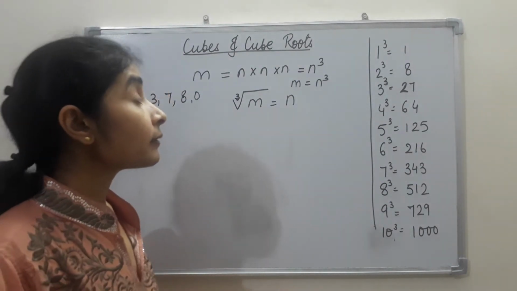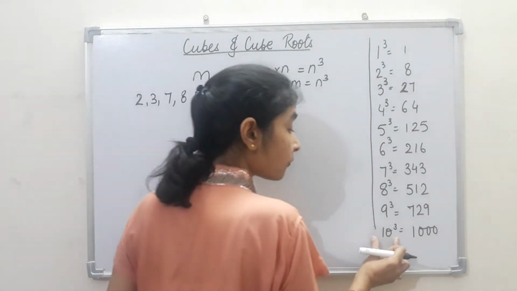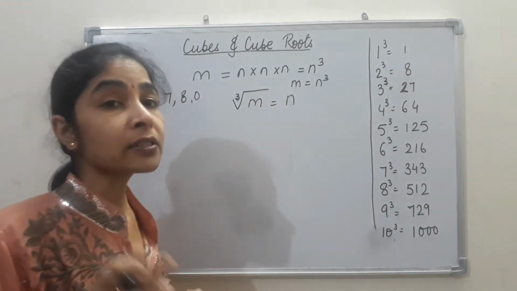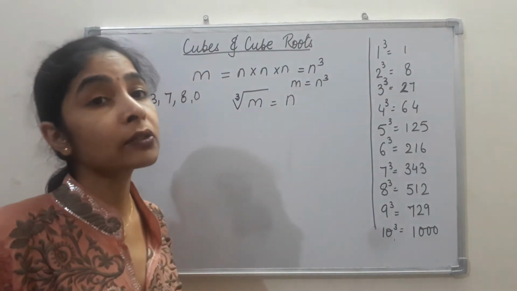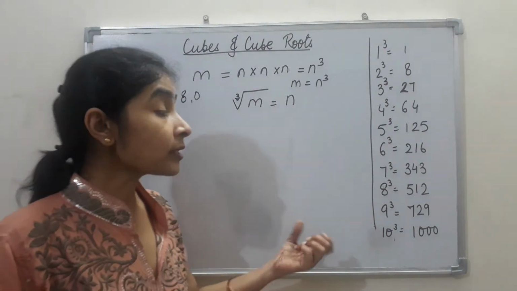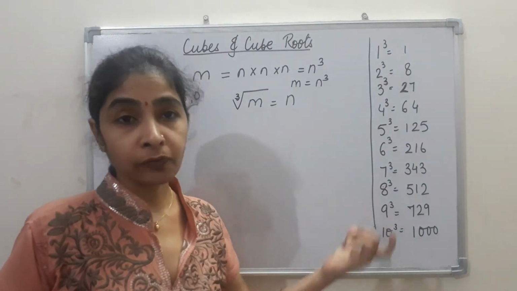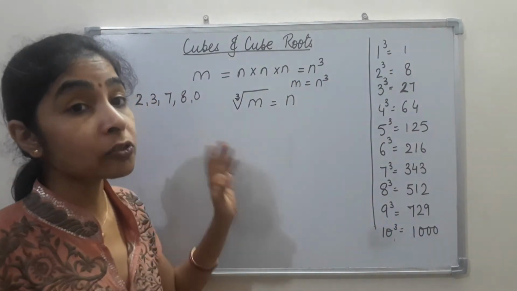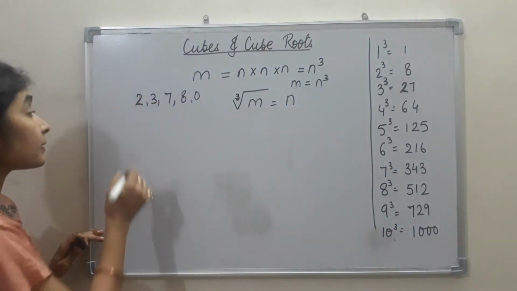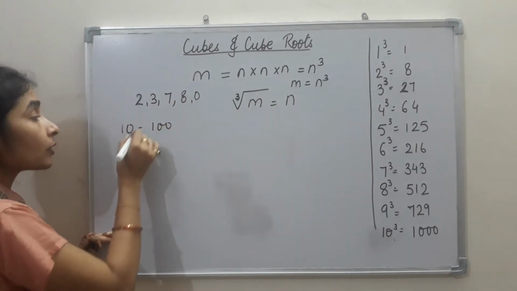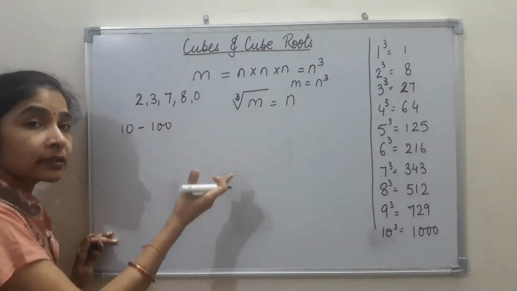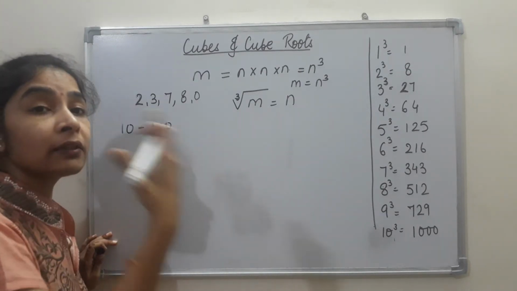So here one thing: in the cube of 10, when a number has 0 at the end, then in its cube there should be 3 zeros. So the zeros should be in multiples of 3. There, they were multiples of 2, like the square of 10 was 100 and the square of 100 was 10,000, so they were even numbers.